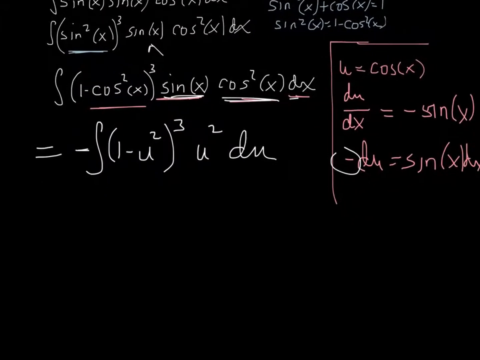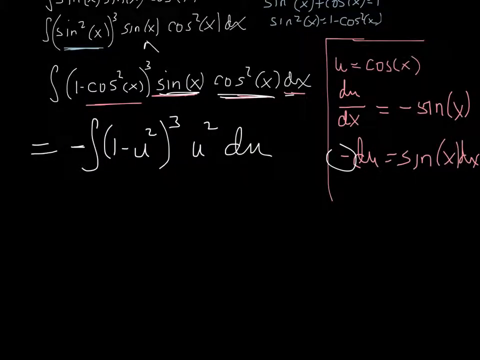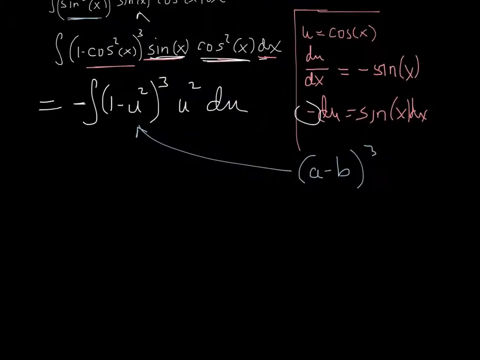Now this makes something a whole lot easier to solve. There's just one kind of horrible step: this is where you cube a binomial, and hopefully you remember this. It's probably been a while, so let's just talk it out.